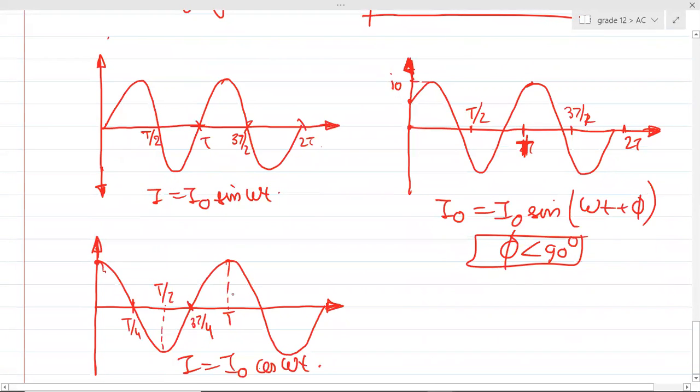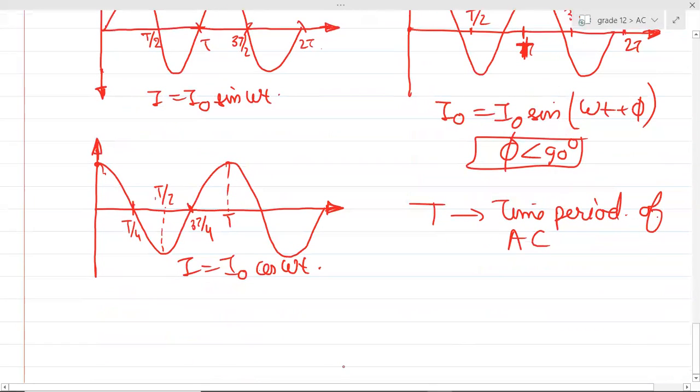Here, this T which I am writing, what is this T? T is basically the time period of AC. Clear, guys? What is I?